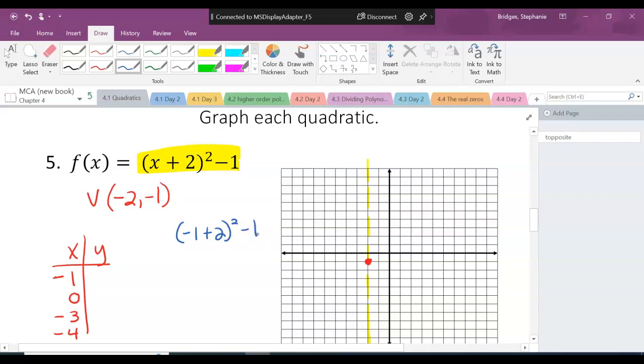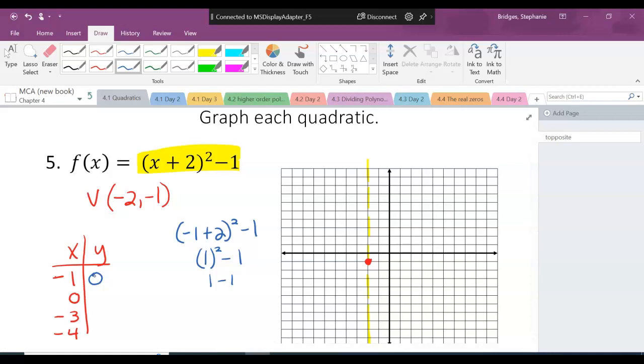I'll come in and fill in a couple things. All right, and then let's simplify that. Inside your parentheses first, what is -1 plus 2? 1. Okay. Then what is 1 squared? 1. And what is 1 minus 1? 0. Okay, so the y value for that -1 is going to be 0.